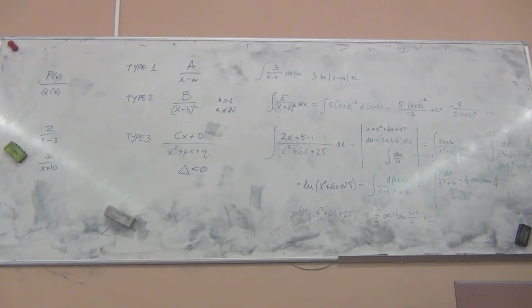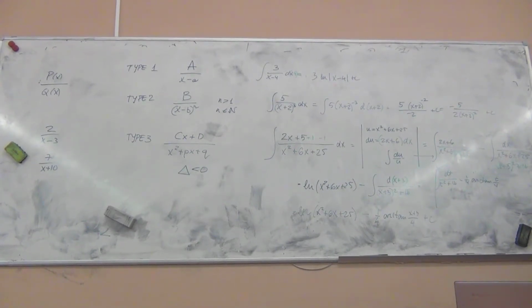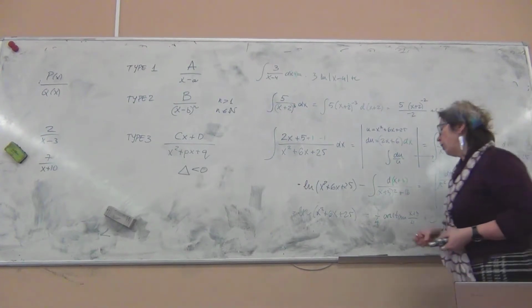So this is how we generally do type 3 partial fractions. We will probably need to discuss these for a separate lecture, or at least half of one, because this is again a special case.